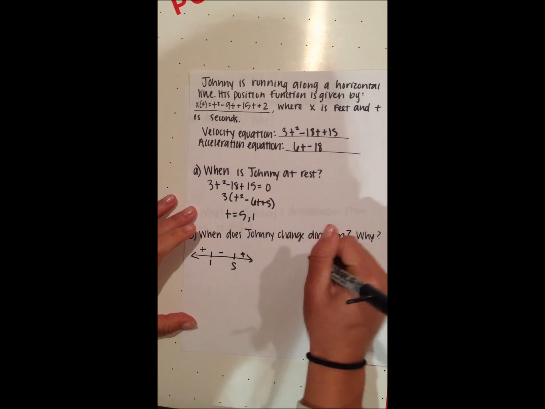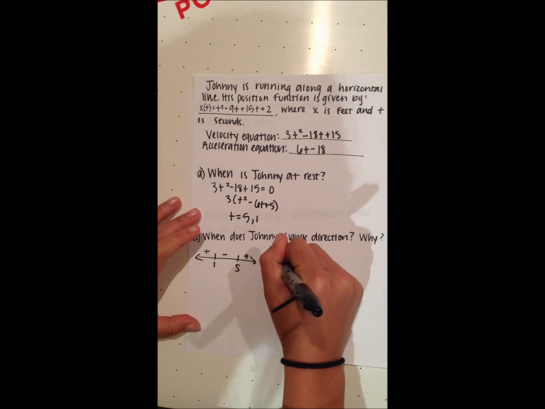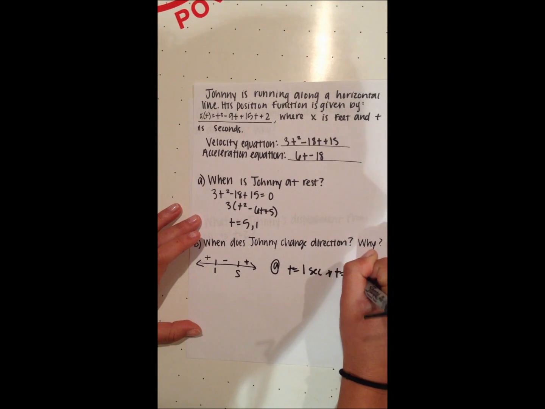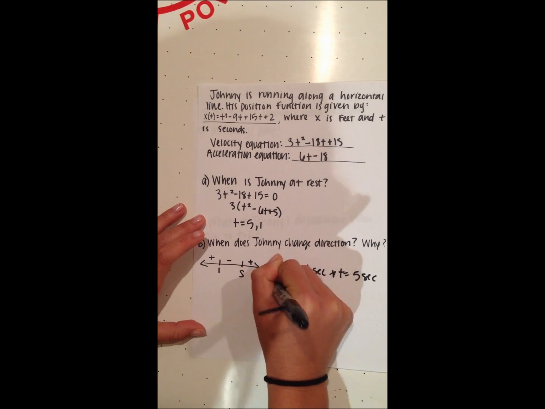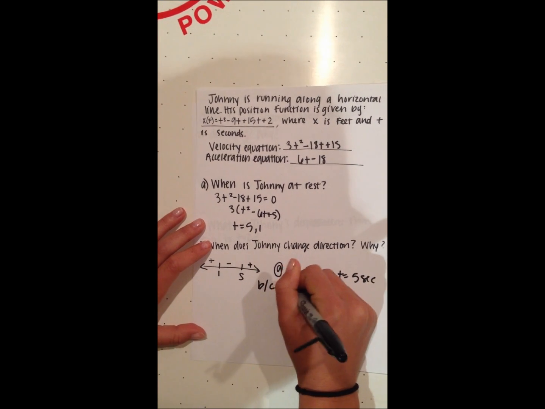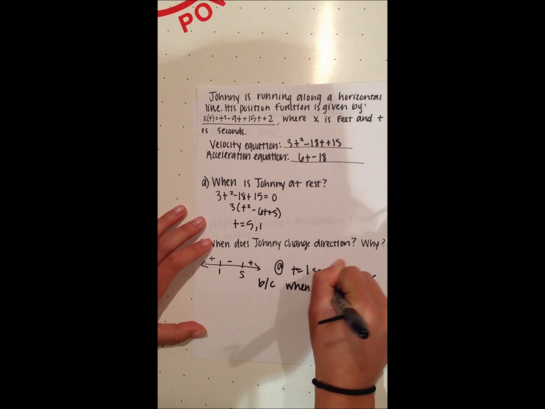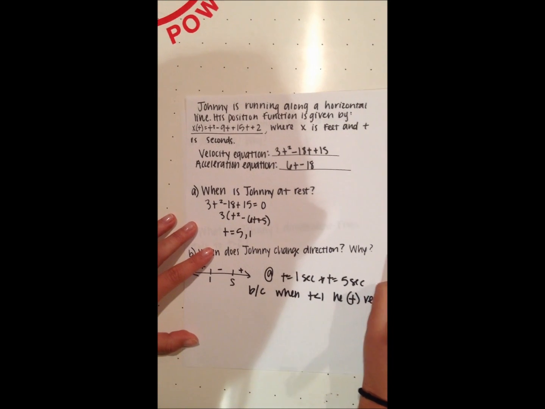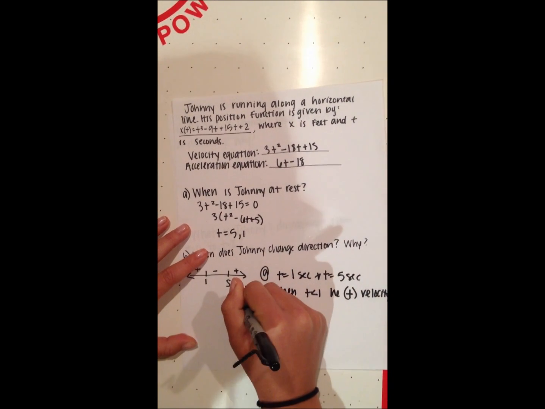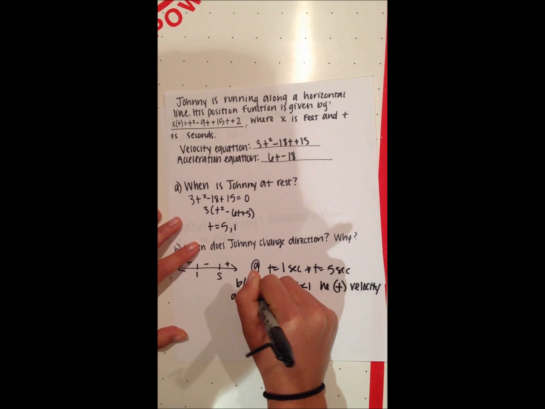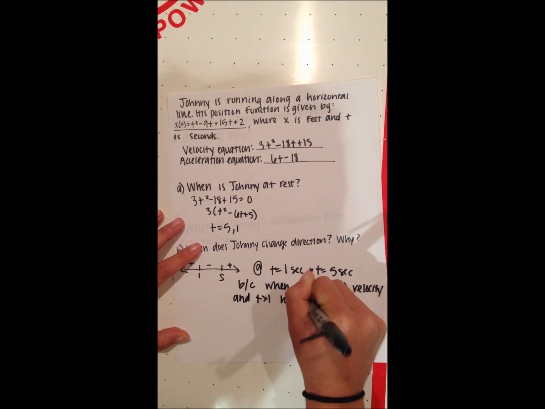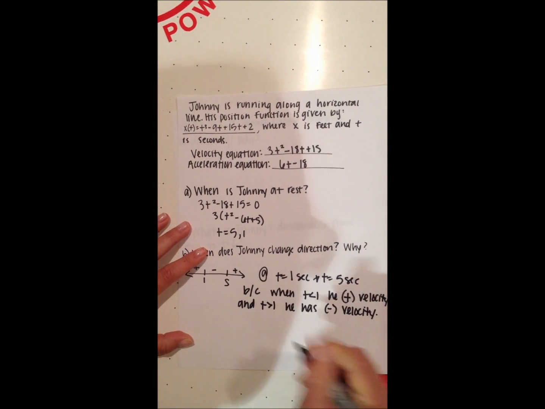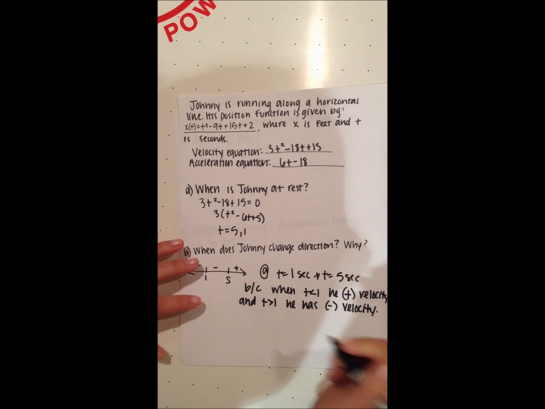So Johnny changes direction at t equals 1 second and t equals 5 seconds because when t is less than 1, he has a positive velocity. When t is between 1 and 5, he has a negative velocity. When t is greater than 5, he has a positive velocity again.